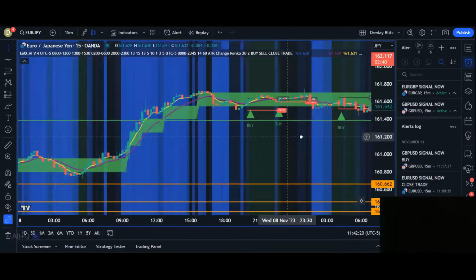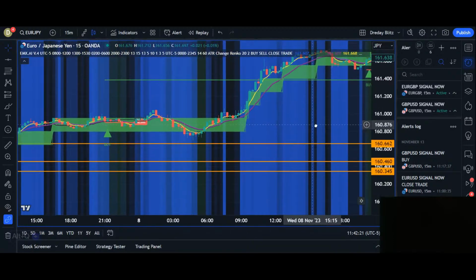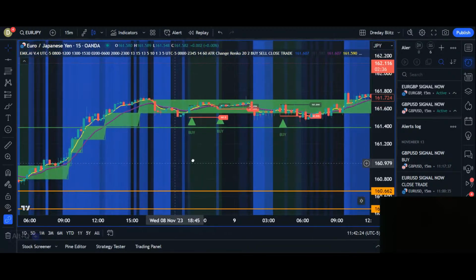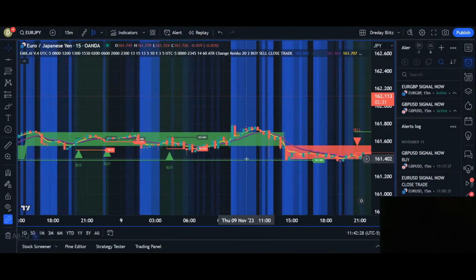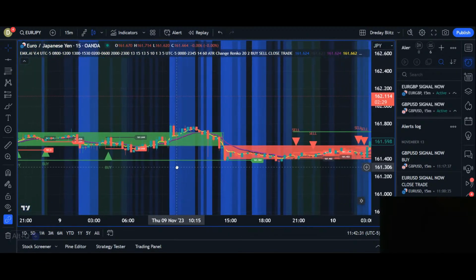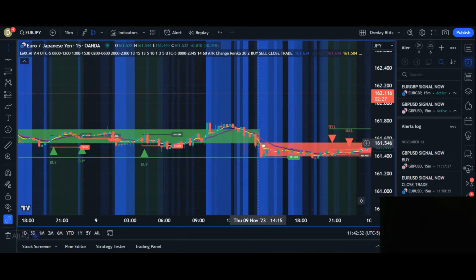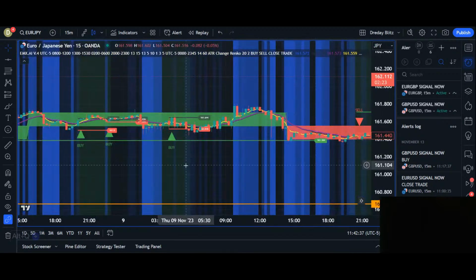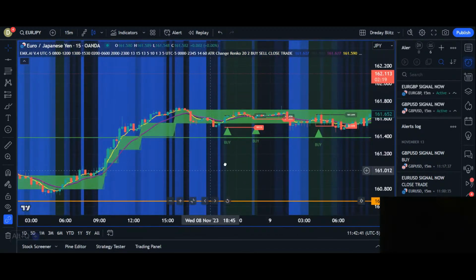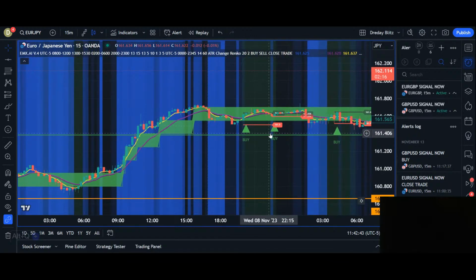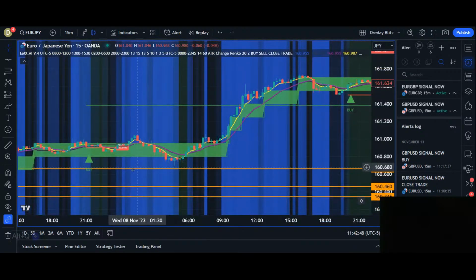So for 2 days you would be in that trade, and between that time you had another buy. So you had 3 buys. You would have closed your entries right here. Okay, so overall you would be in, maybe no, four trades. You had 3 buys here and 1 buy right here.